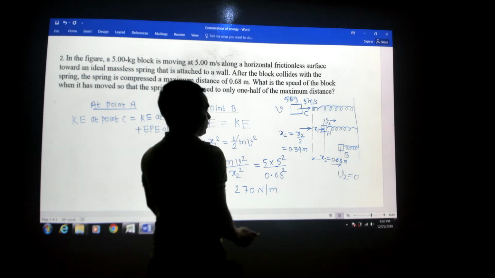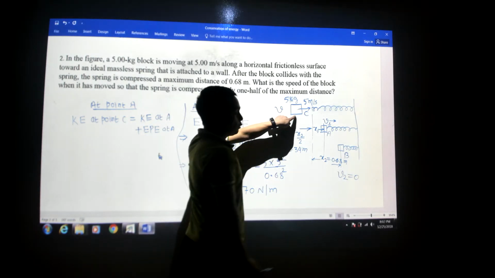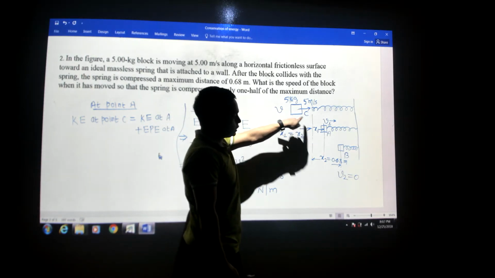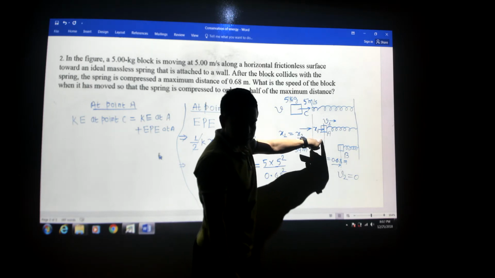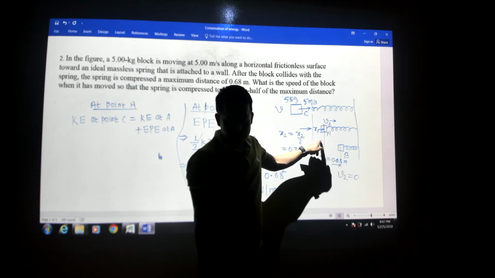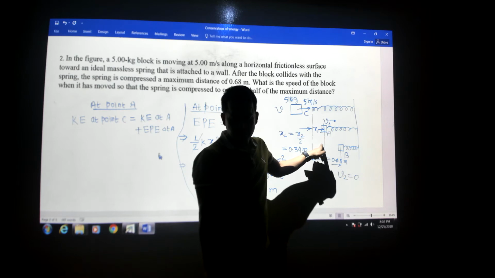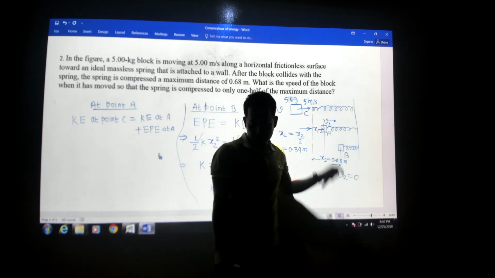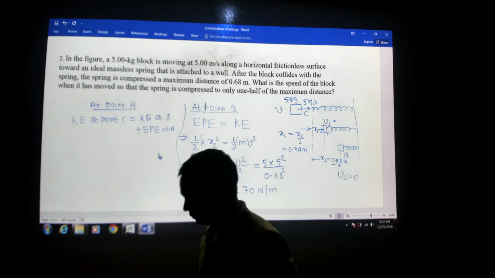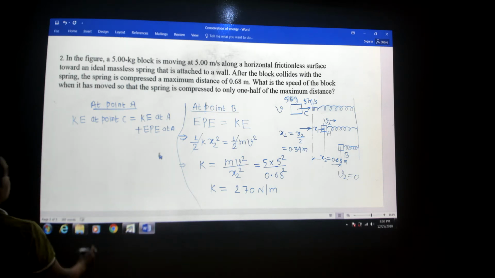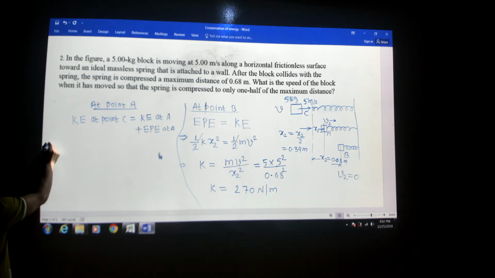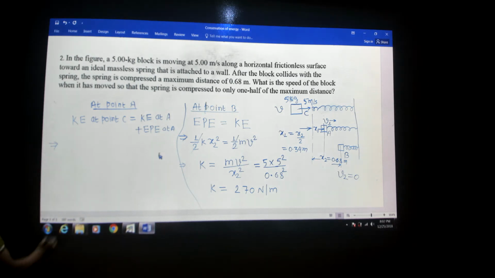Remember, all the kinetic energy at point C is equal to the kinetic energy at point A plus the elastic potential energy at this point A. So that's all I'm doing here.